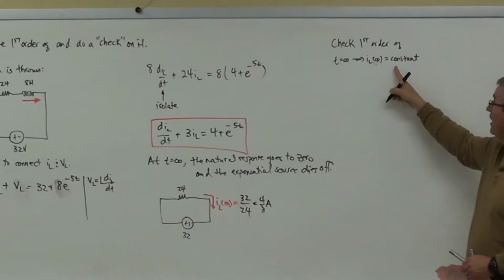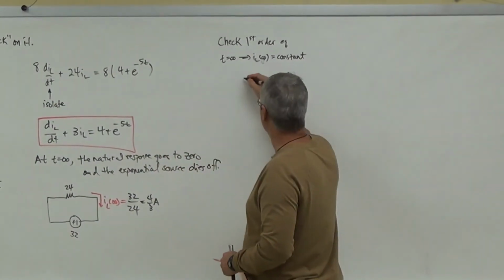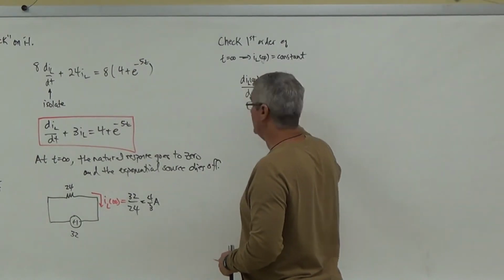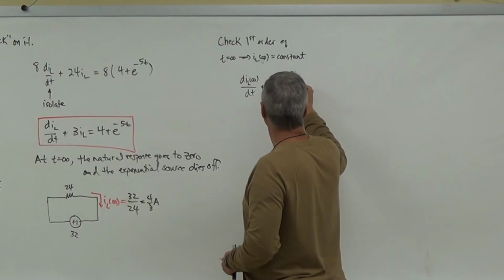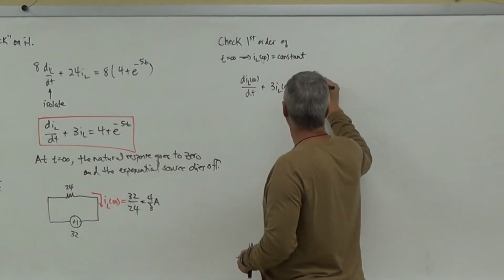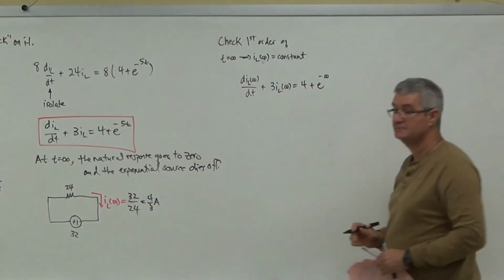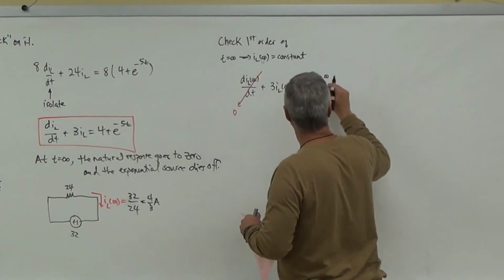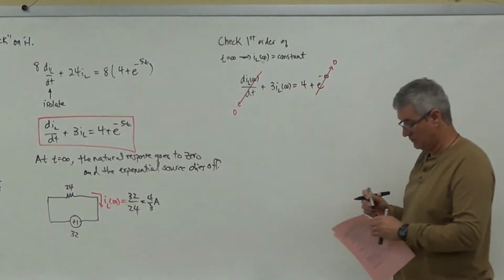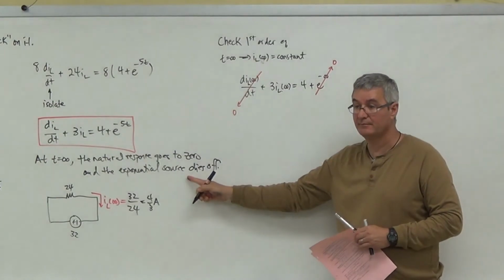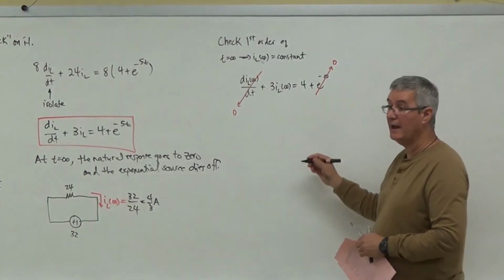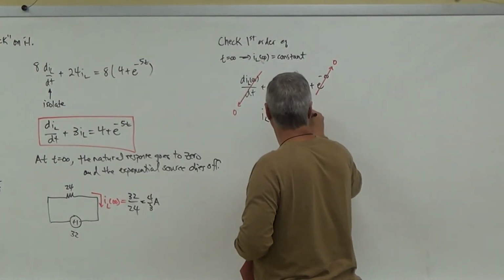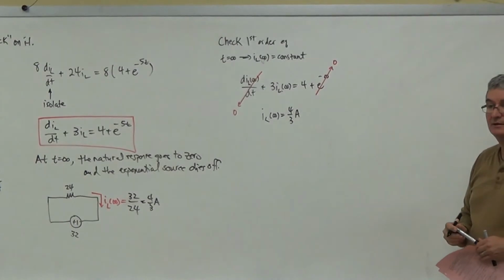So if I plug my constant into here, you can see that I'm going to get what? dIL of infinity/dt plus 3 IL of infinity should equal 4 plus e to the minus infinity. So you can see that this guy has to go to 0. That guy goes to 0, like we said right here. So then, IL at infinity should equal 4/3 amps.